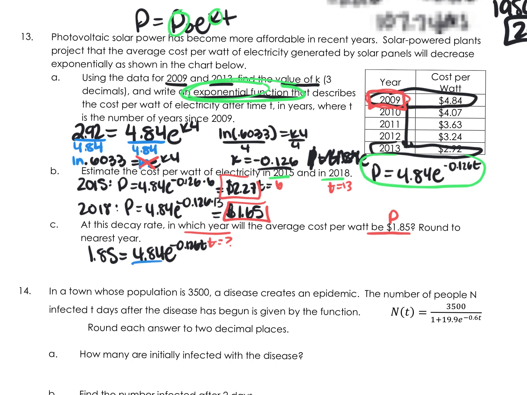We'll start by dividing by 4.84, and that'll give us 0.3822.